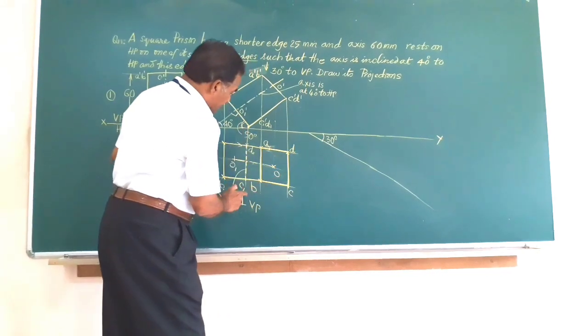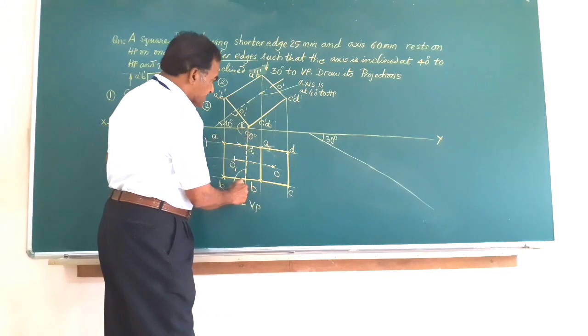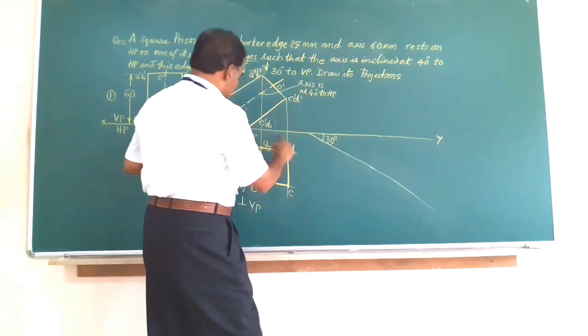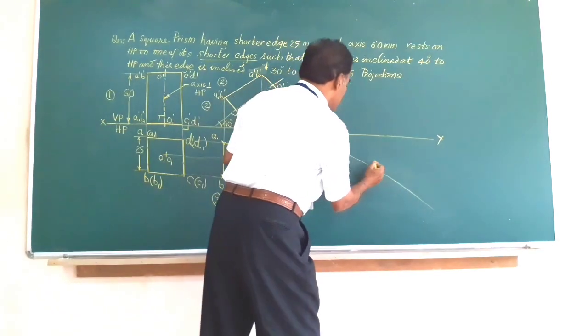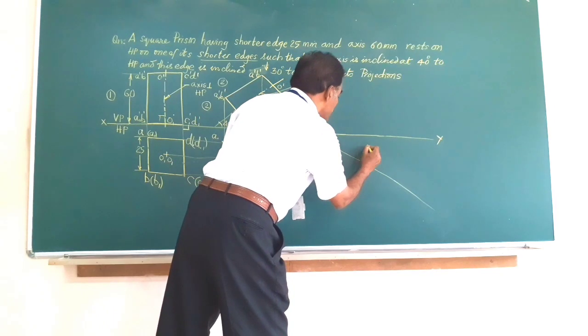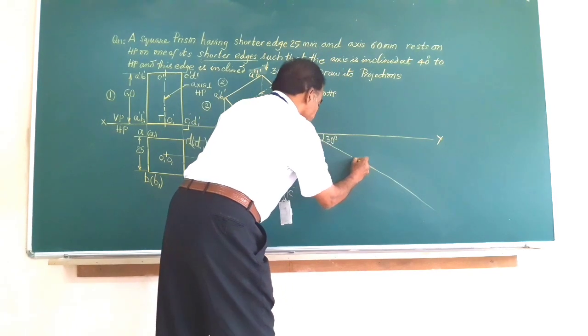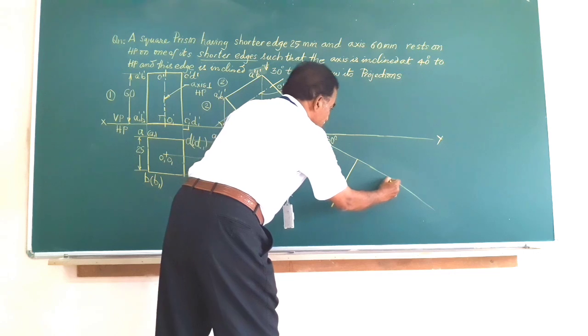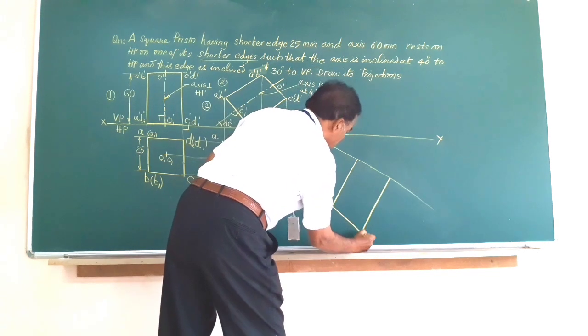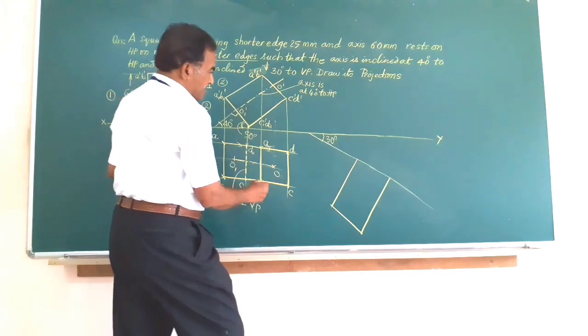That edge C1 D1 on which it is resting should be at an angle of how much? 30 degrees to VP. So I am going to construct this box first of all. So let me construct the box now. This box I have constructed.